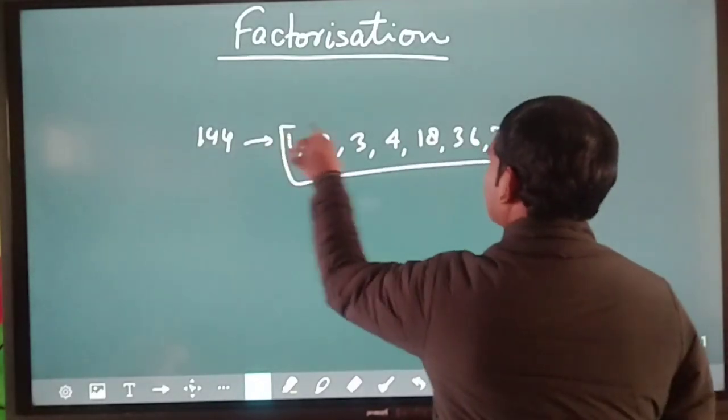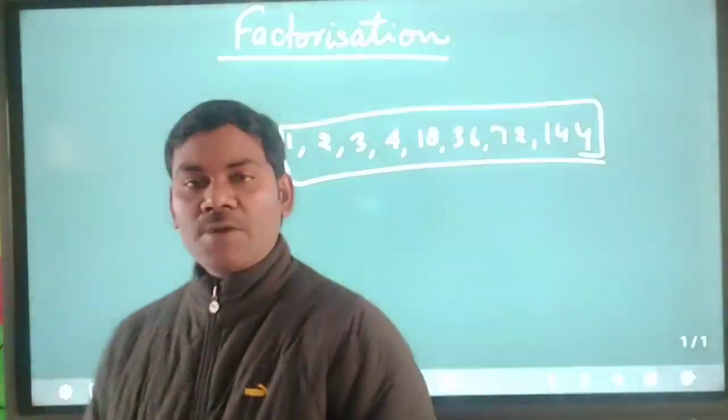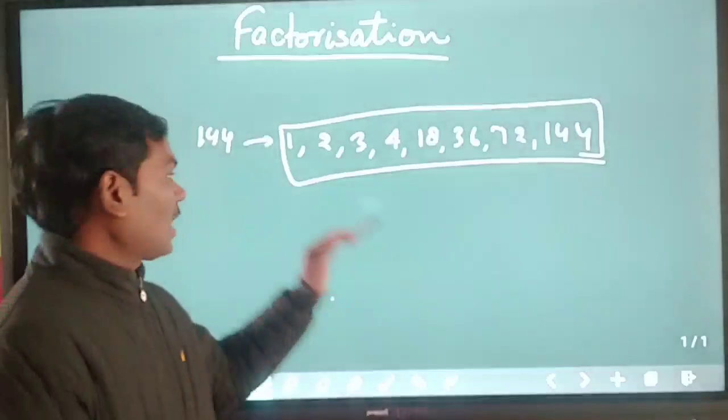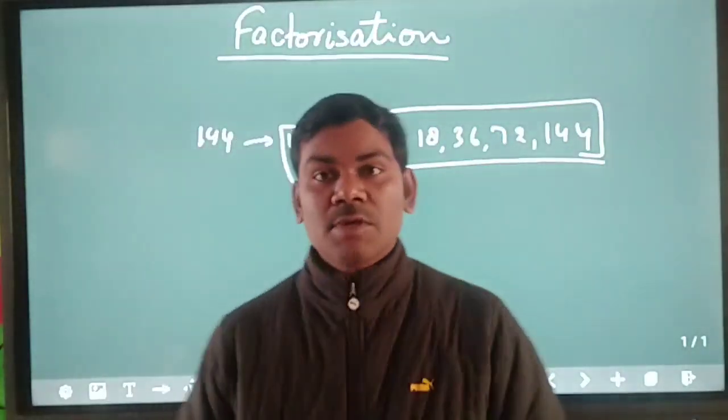So these are the factors of 144, and the process through which we find these factors is called its factorization.